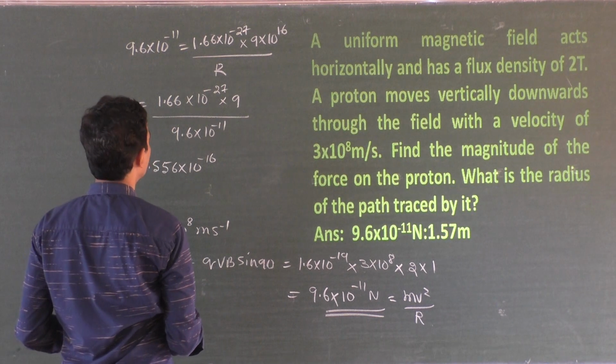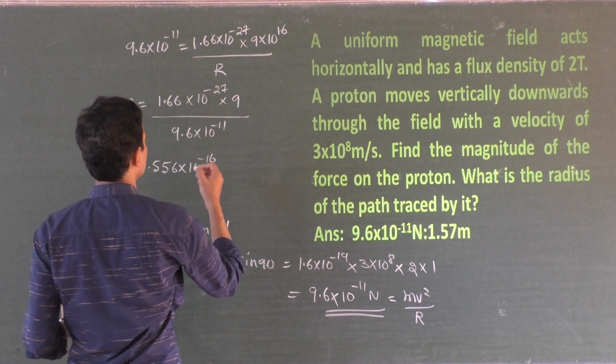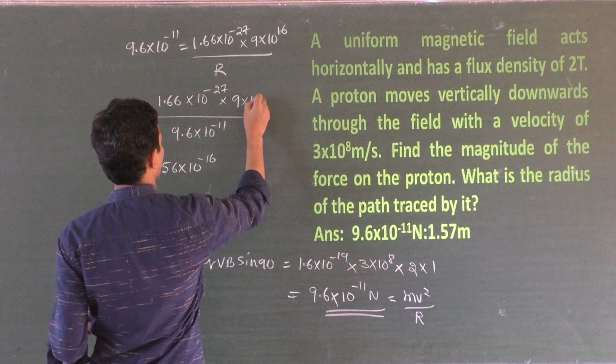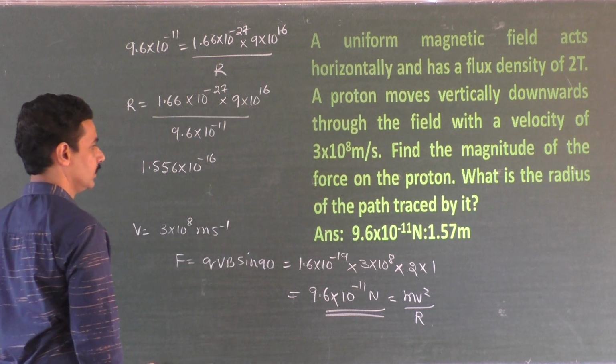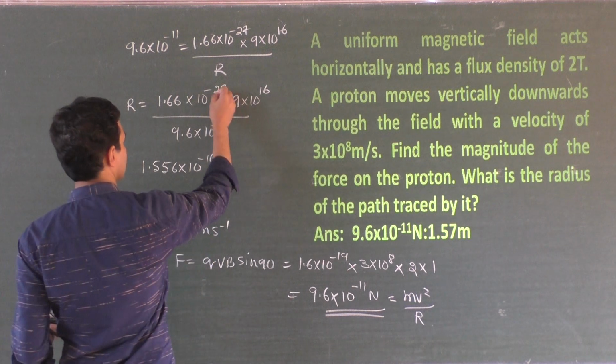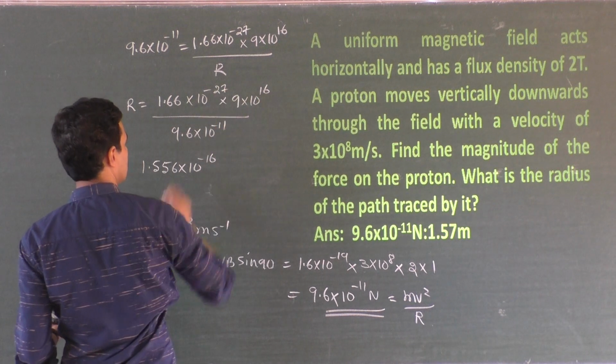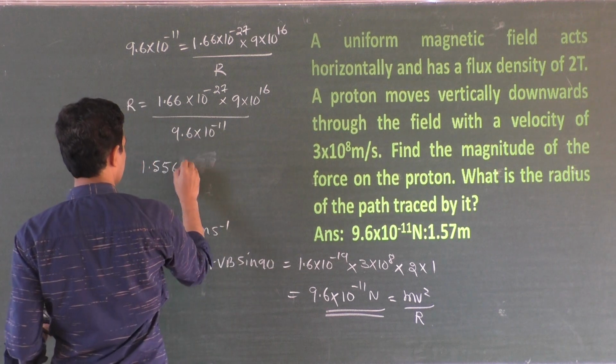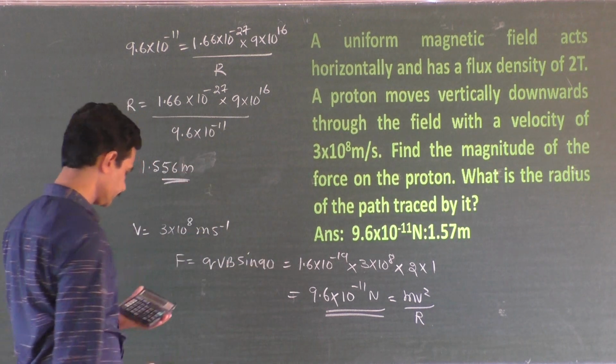Oh, where did we go wrong? 9 into mv squared, isn't it? So 9 into 10 to the power 16, I had forgotten. So minus 27 and plus 27 gives 10 to the power 0, so it is only 1.556 meters, correct?